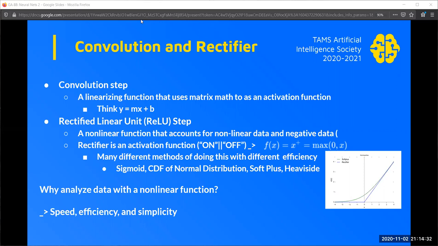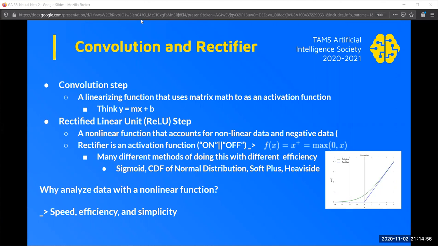Okay. Now the problem is that while you're minimizing this data, if you're using a convolution step, this is linear. This is using a linear function. This doesn't account for nonlinear things, like data that might be best assessed with a hyperbolic tangent or sigmoid.